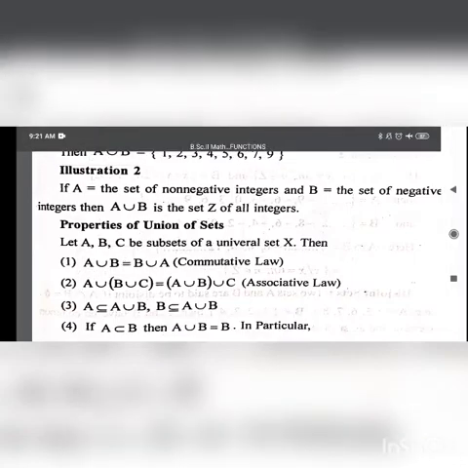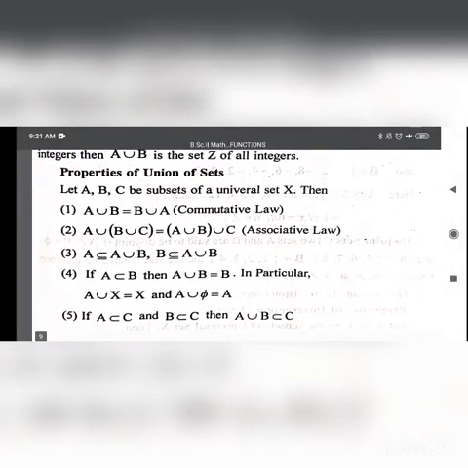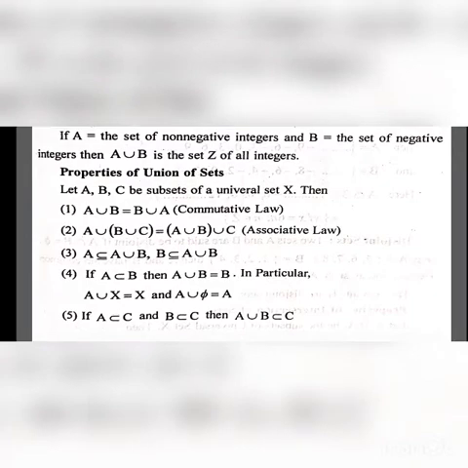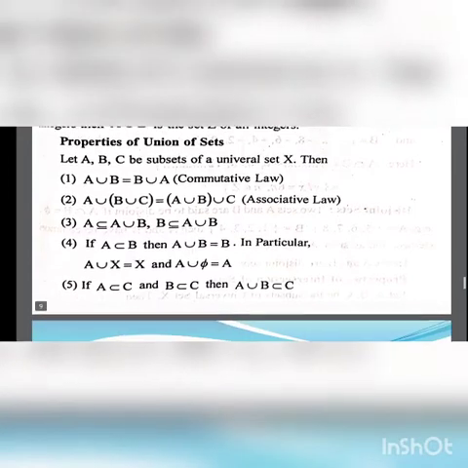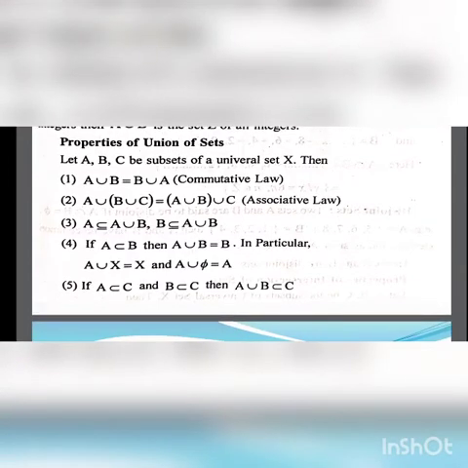Here are the properties of union of sets. Let A, B, C be subsets of a universal set X. Then the first property of union of sets is A union B equals B union A, which is the commutative law.